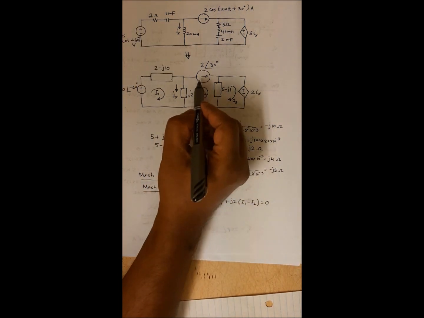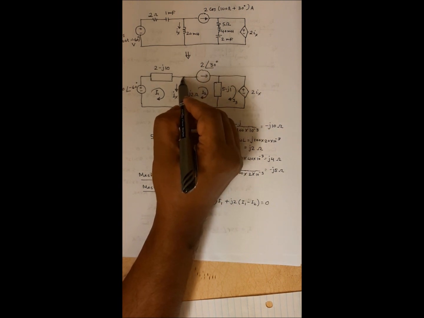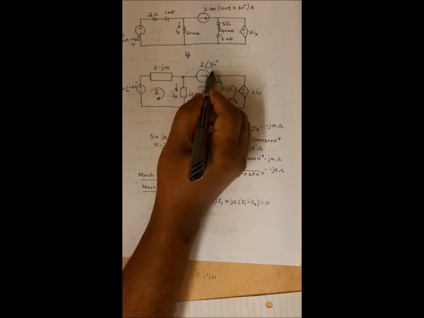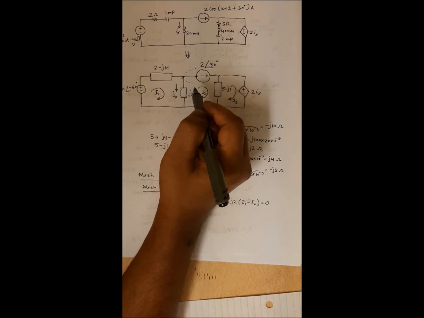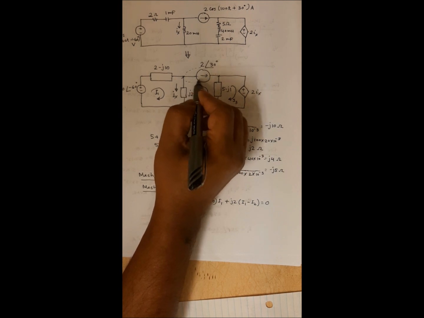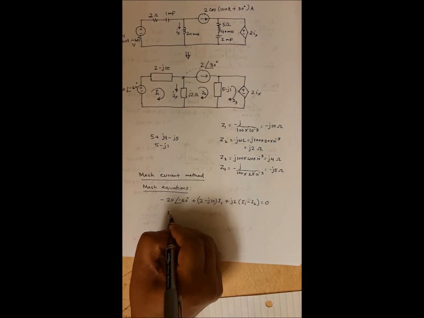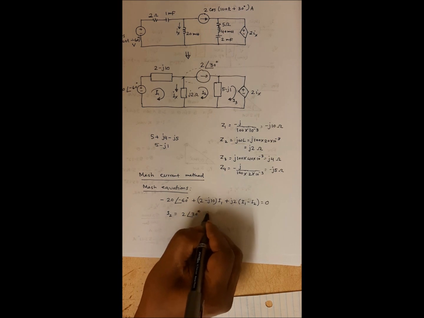But for this mesh, we do have a current source between two meshes. So this is basically a super mesh. So I have a super mesh here. This mesh current is connected with only one mesh, right? So we can simply write I2 equal to 2 angle 30 degrees.